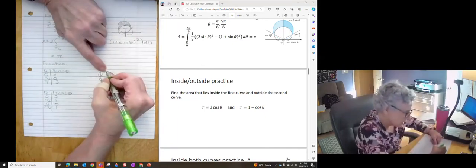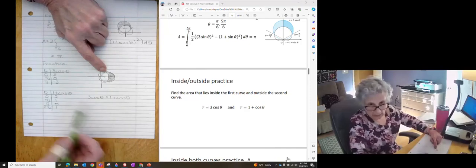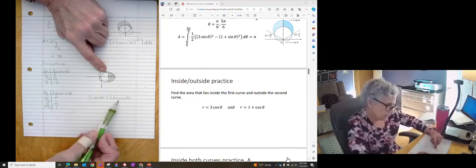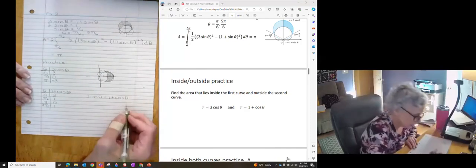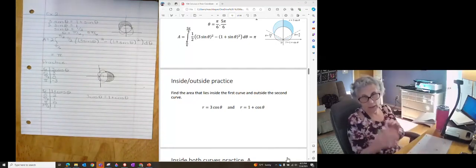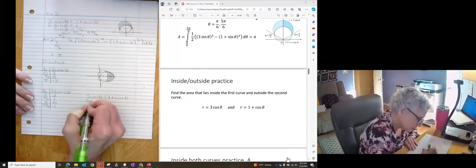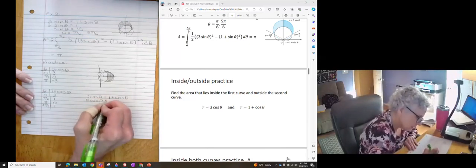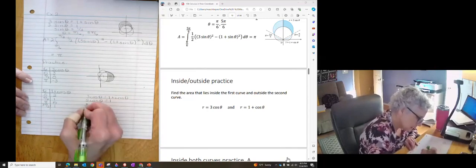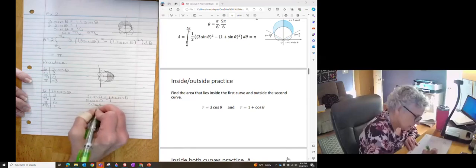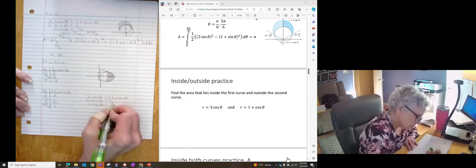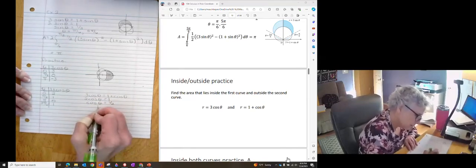So I need to know what this point is. I set 3 cosine theta equal to 1 plus cosine theta. So we're getting a head start on that finding the intersection points goal. 2 cosine theta is equal to 1. So cosine of theta is equal to 1/2.